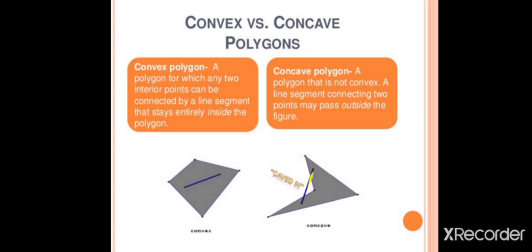But here it is not the same case. If we take this as a first point and this as a second point, and connect these 2 points, some part of the line is outside the polygon boundary. This line segment is not completely lying inside the boundary of the polygon. That's why it is called the concave polygon. So this is the example of convex and this is the example of concave.